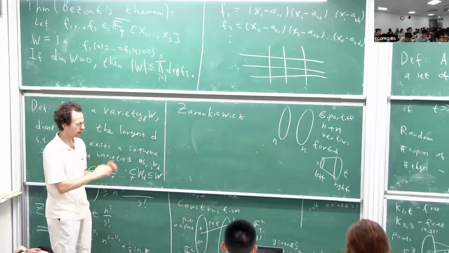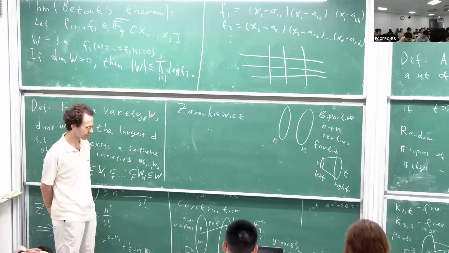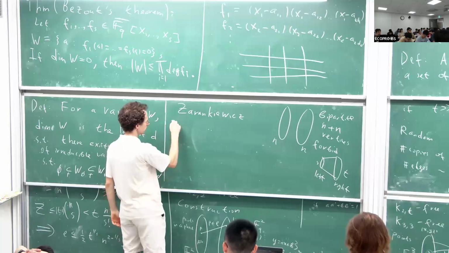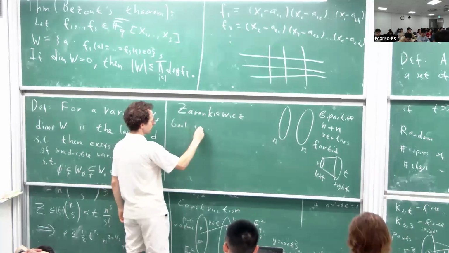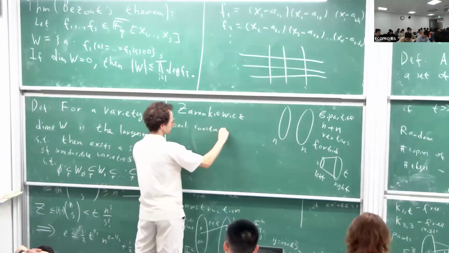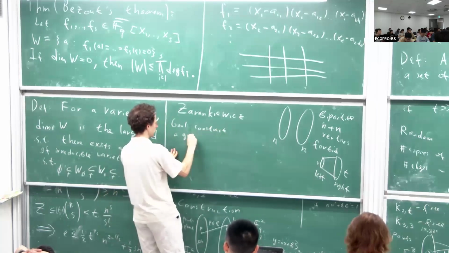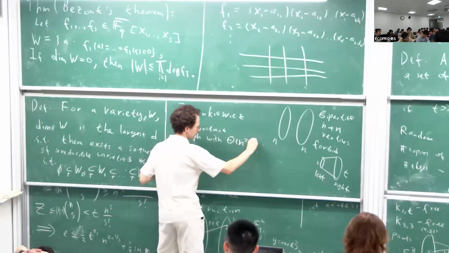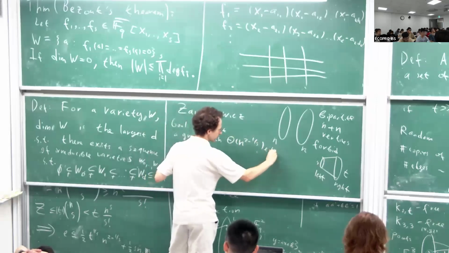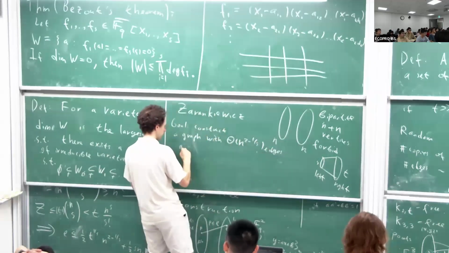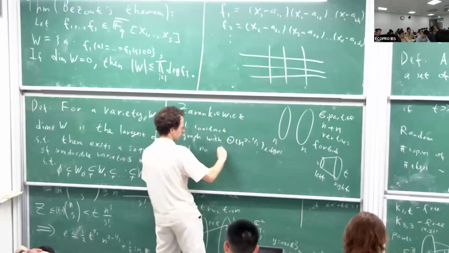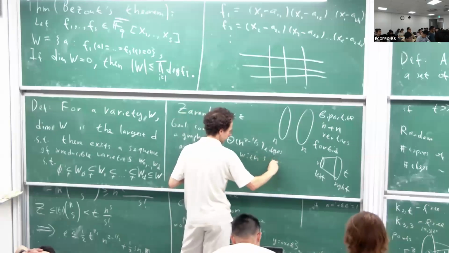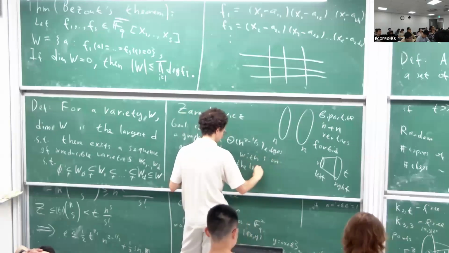So let's start with that. The goal is to construct a graph with the correct number of edges and no K_{s,t} with s on the left.